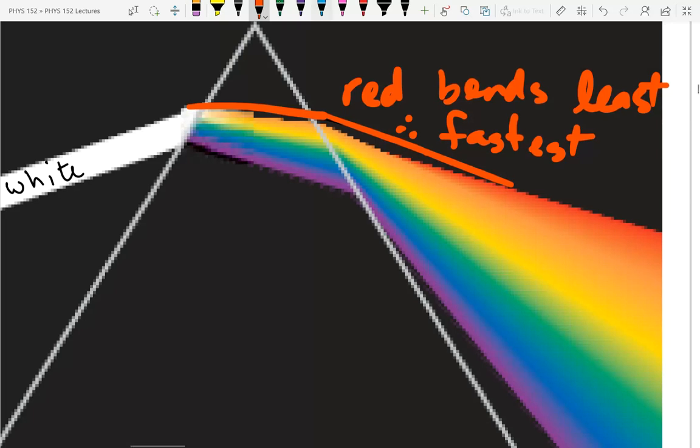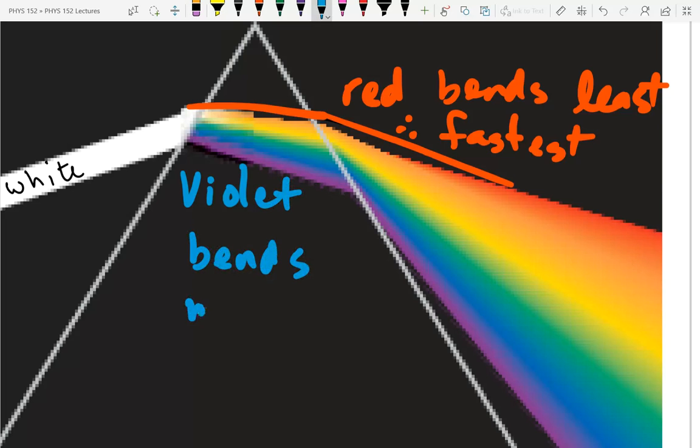The magenta light bends the most. I said magenta. That's absolutely the wrong term. Violet is what I meant to say. So it's the slowest. So the light separates because we have different speeds of light for the different colors.